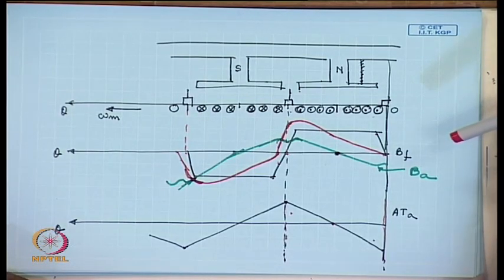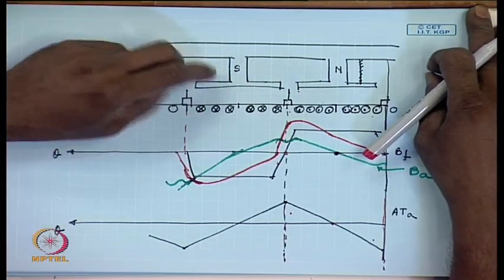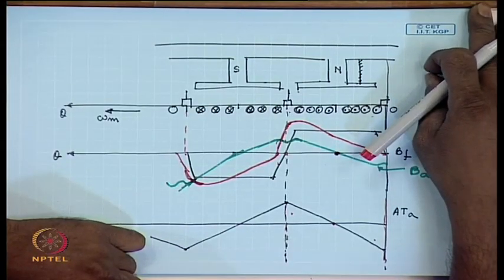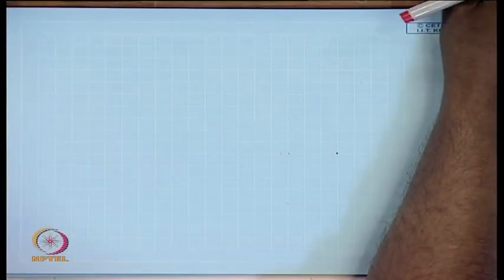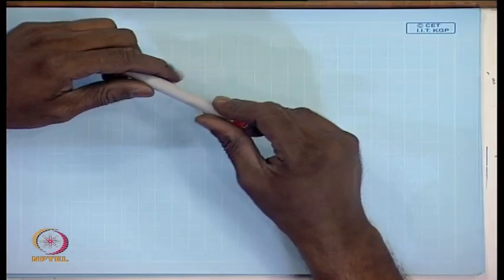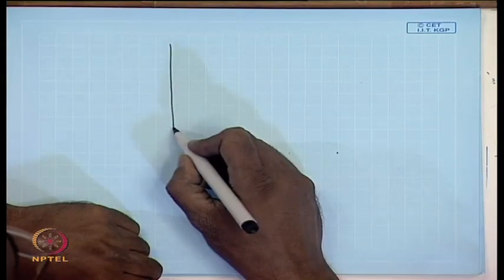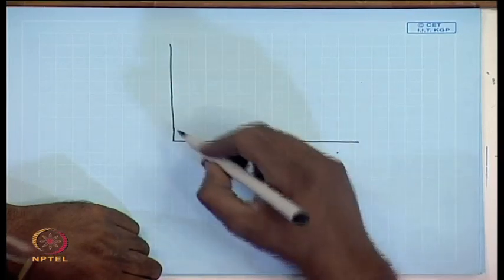But in general, the machines do not work in the unsaturated region of the magnetization curve. So, if we consider the saturation of the armature and the iron of the DC machine, then we arrive at a different picture. Let us consider the BH curve of the magnetic path of the DC machine.